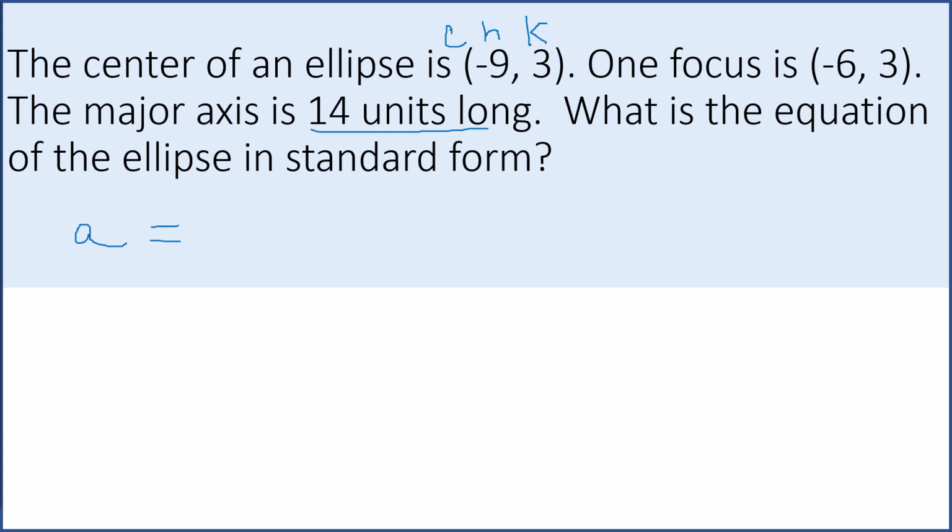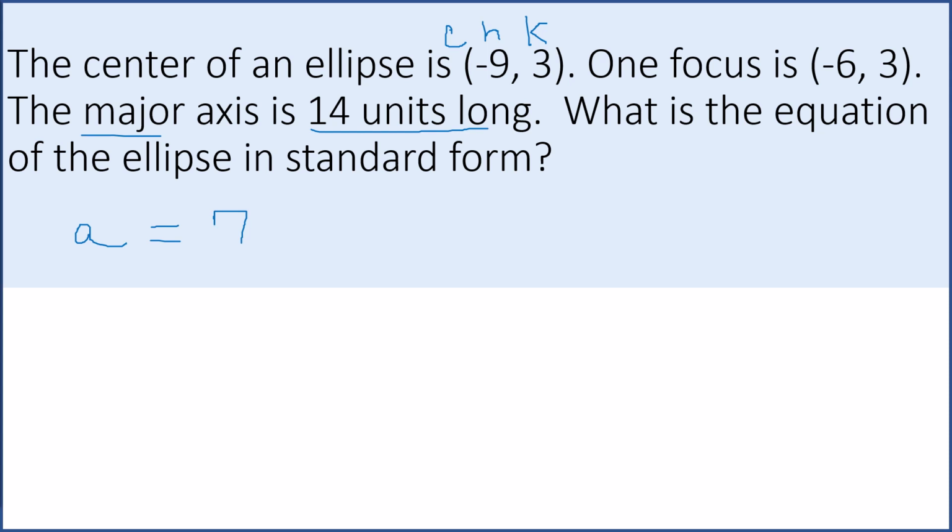In other words, we're going to start at the center and go 7 units to the right and 7 units to the left to find the vertices. So we've got to divide the major axis in half to get the semi-major axis. So a is half of 14, or 7.